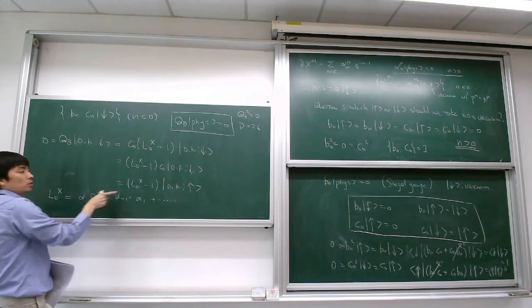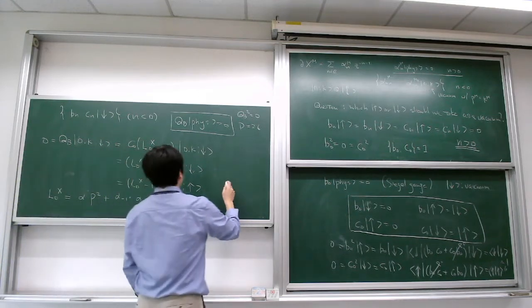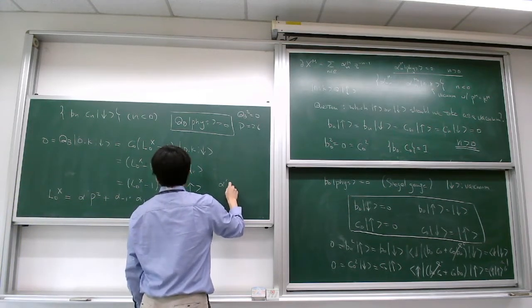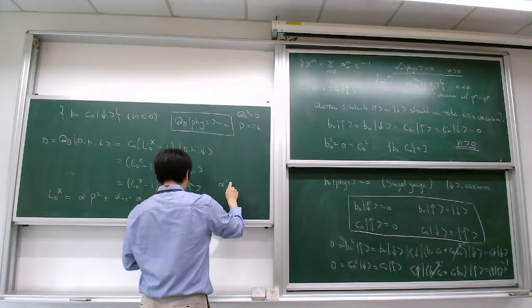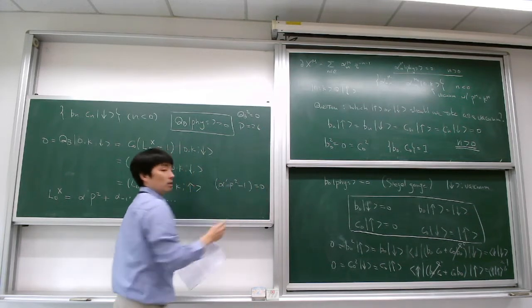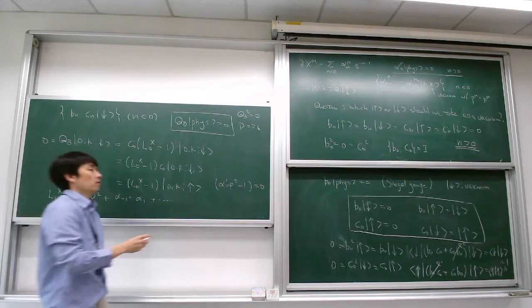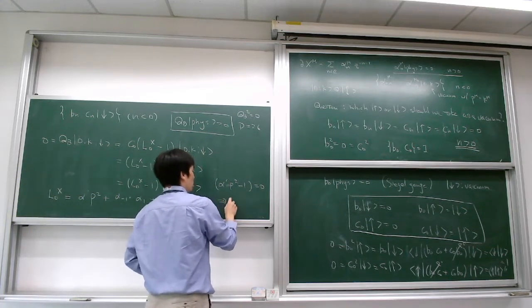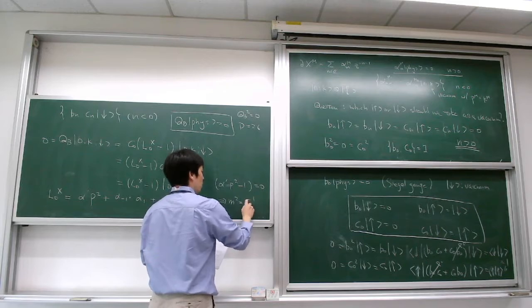If you act this onto here, what you get is alpha prime p squared equals minus m squared, so p squared is equal to minus 1. This is the condition you get. Therefore, m squared is equal to minus 1 over alpha prime.